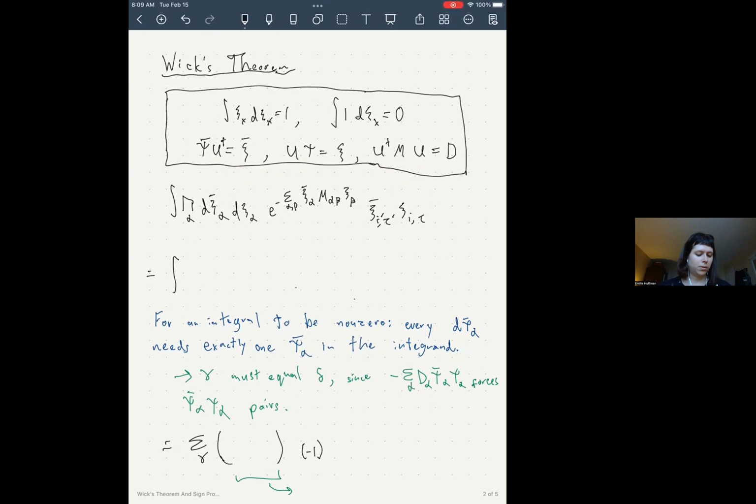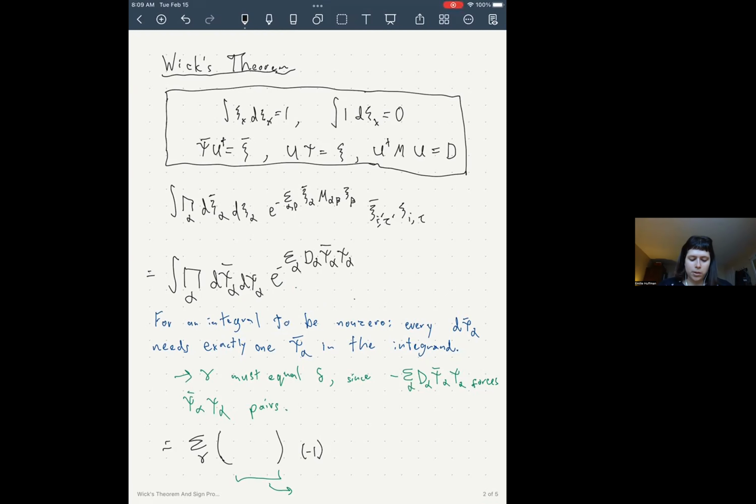And so first of all, we've got the d psi bar d psi. Because it's a unitary thing, the Jacobian is just going to be 1, so I can just write this the same as before, but with our new psi bar and psi in there. And then this part now is going to be diagonal. So we just get, in fact, I'll write the D matrix first. Psi bar alpha, psi alpha.